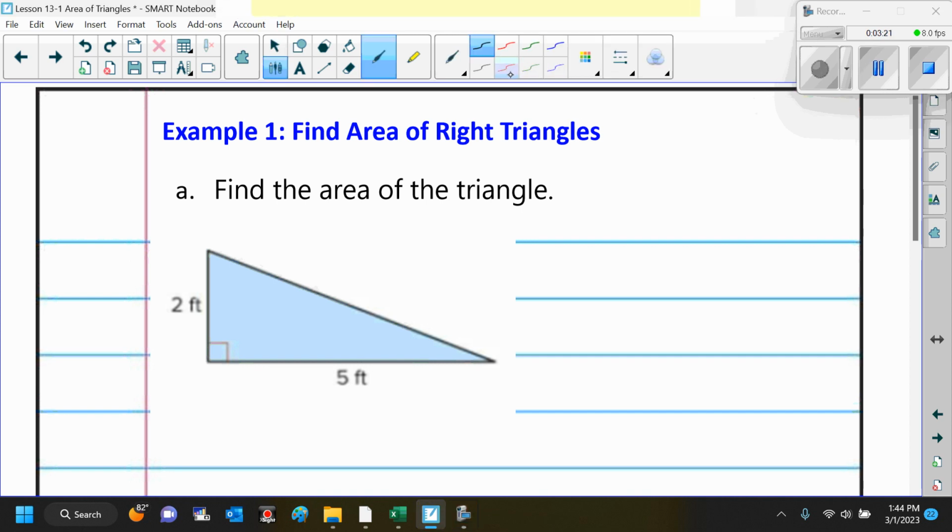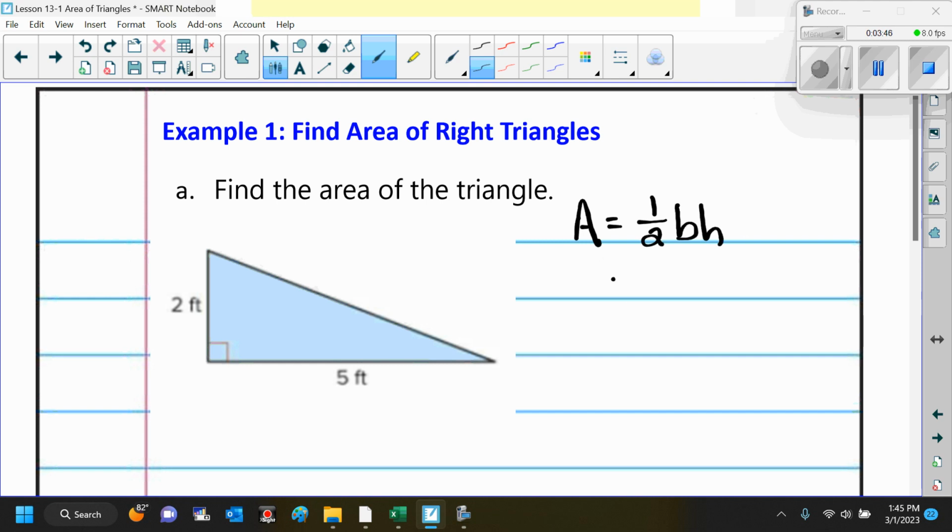So again, the first thing we're going to do is write our formula. So the formula for the area of a triangle is area is equal to 1/2 base times height. Okay, or you can just write BH. Just do it like that. Area is equal to 1/2 base times height.